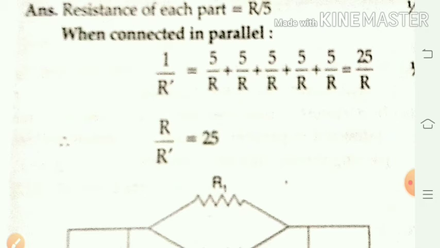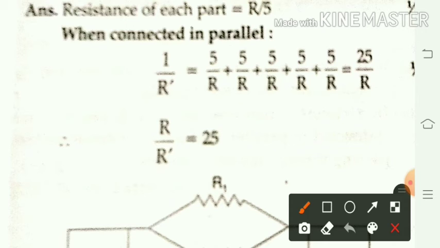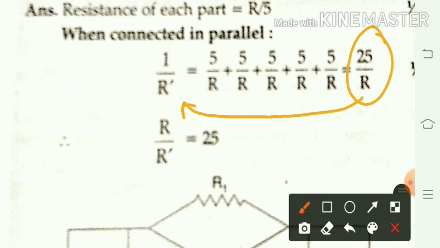So the value of 1 upon R dash becomes equal to 25 by R. But they have asked for the ratio of R to R dash. Taking R dash to the other side, we get the value of R upon R dash equal to 25.